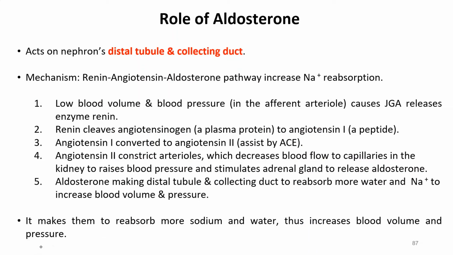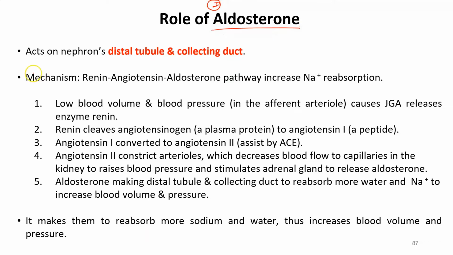So that is ADH. ADH: instruction from the osmoreceptor in the hypothalamus causes the posterior pituitary to release ADH, and it reaches the target organ, which is the distal tubule and collecting ducts in the kidney. Now we are going to look at the second hormone, which is aldosterone.